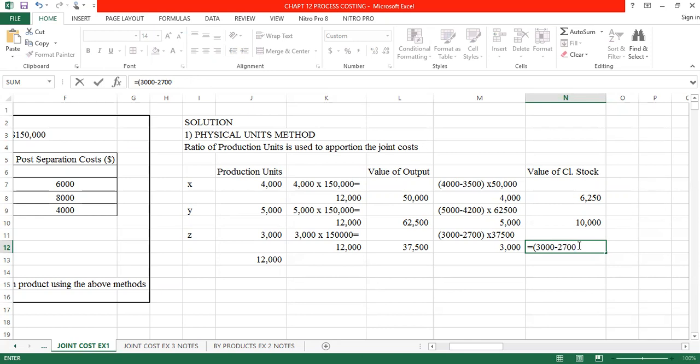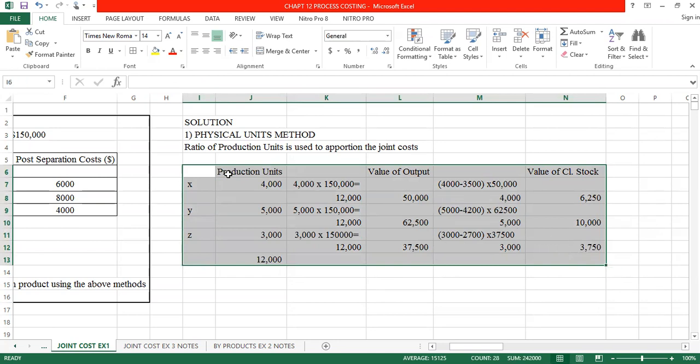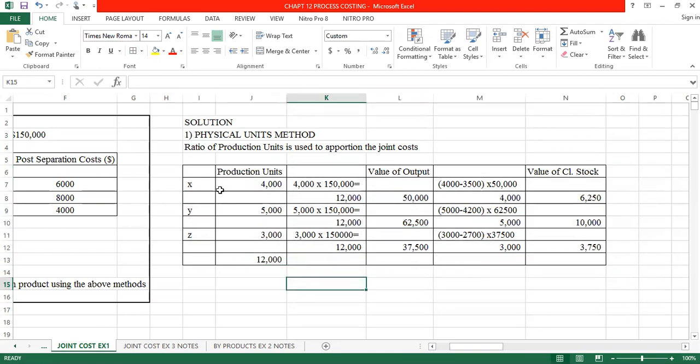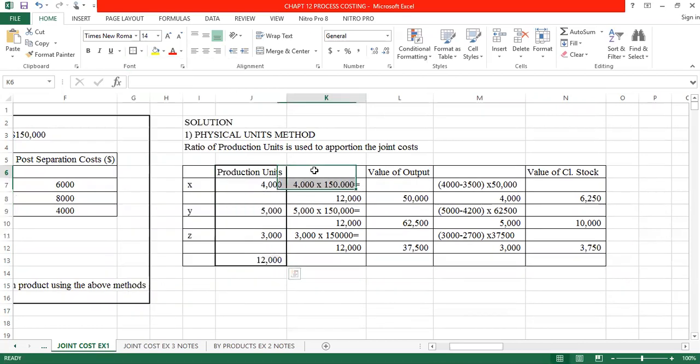You see, when you take what you produced minus what you sold, that is the closing inventory. Divide by 3,000, everything times 37,500. So please take note of that. That is very, very important.